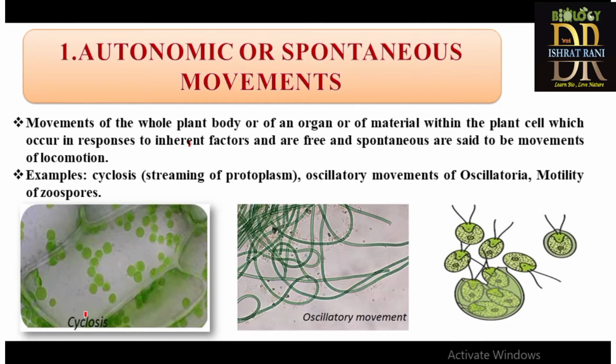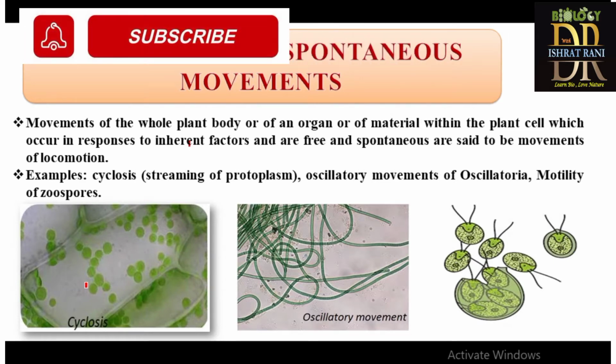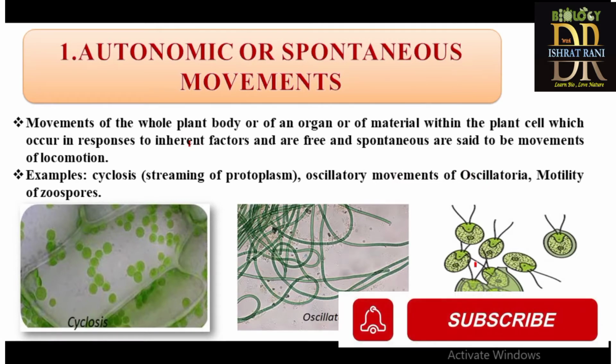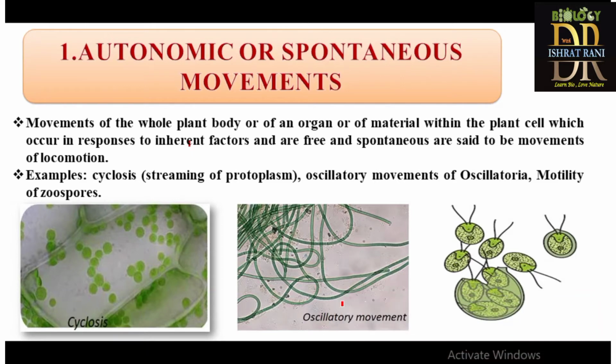Here is the cytoplasm, all the time having streaming movement, or cyclosis, because if cyclosis does not occur, then the nutrients and other factors will not reach their destination. So streaming movement in cytoplasm, oscillatory movement of oscillatoria, or motility of zoospore are also examples of spontaneous movement.